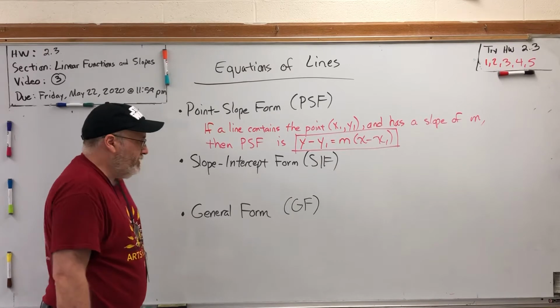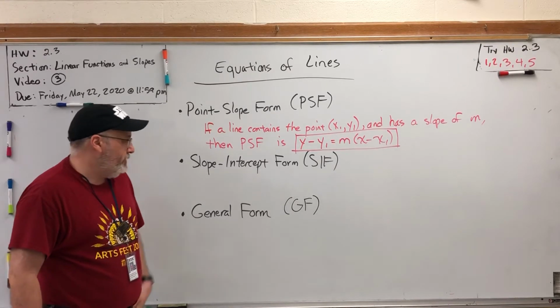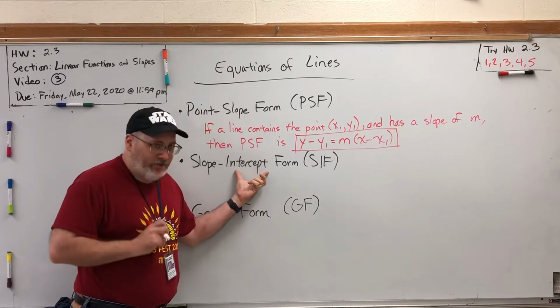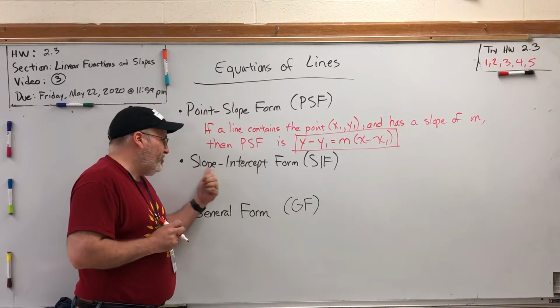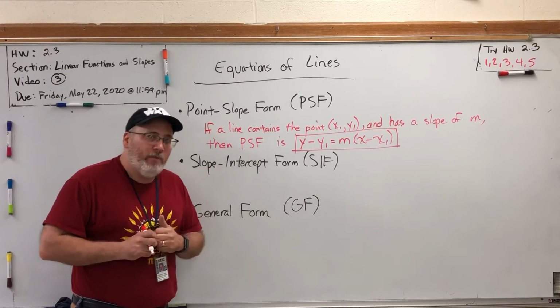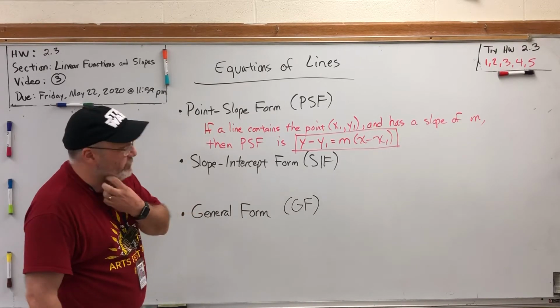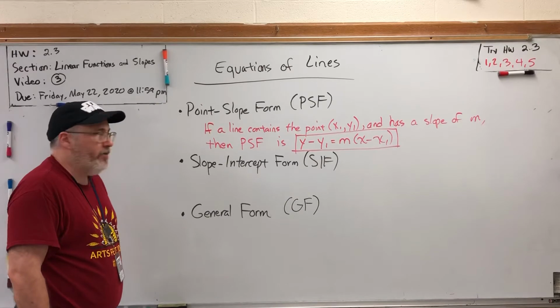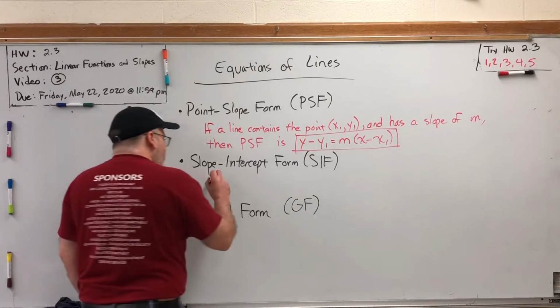Slope-intercept form is a form that you can build if you know the line's slope, but you also know the line's y-intercept. I wish it said slope y-intercept form because a line can have an x-intercept also, but the intercept in slope-intercept form is referring to the y-intercept. So it goes something like this.